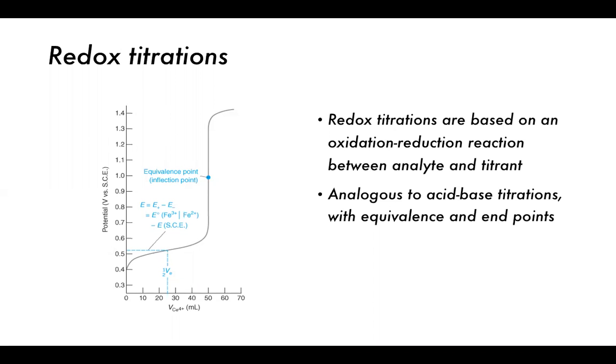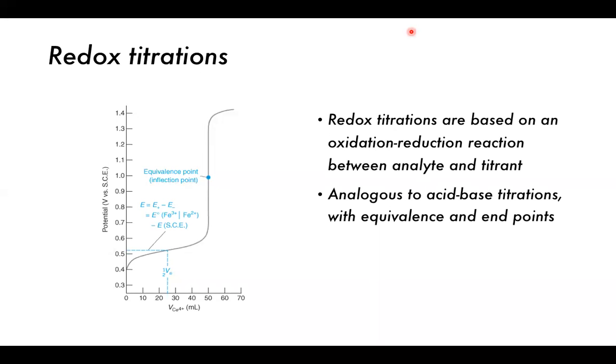In the case of an acid-base titration, you had an acid reacting with a base, so the proton reacting with the hydroxide in a Bronsted-Lowry or an Arrhenius type reaction, and then that would produce a salt plus water. In the case of redox titrations, we also have a reaction occurring.